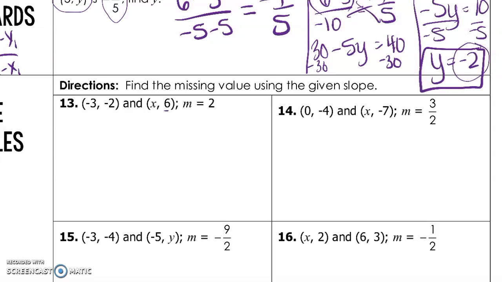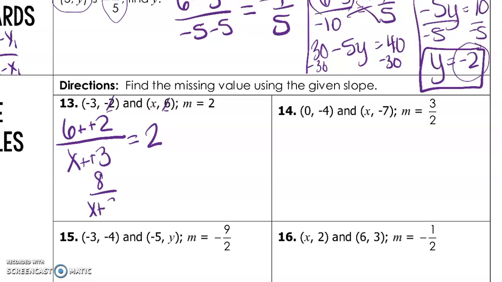All right, so let's try that with 13. I'm going to do 6 minus negative 2 for my y's. And then x minus negative 3 needs to be equal to 2. So this becomes 8 over x plus 3 has to equal 2. If that's confusing because it's not a ratio, you can make this 2 over 1.